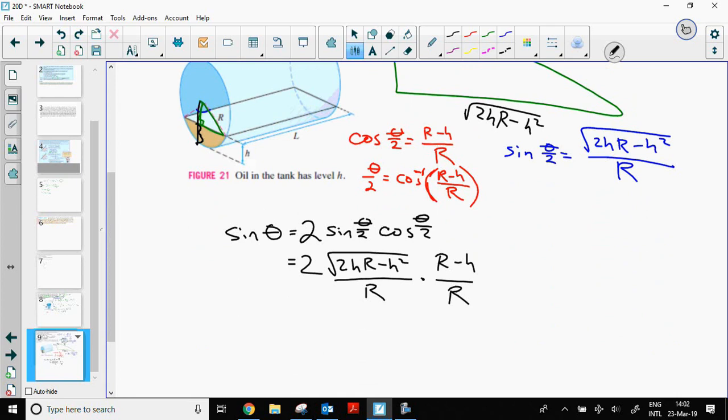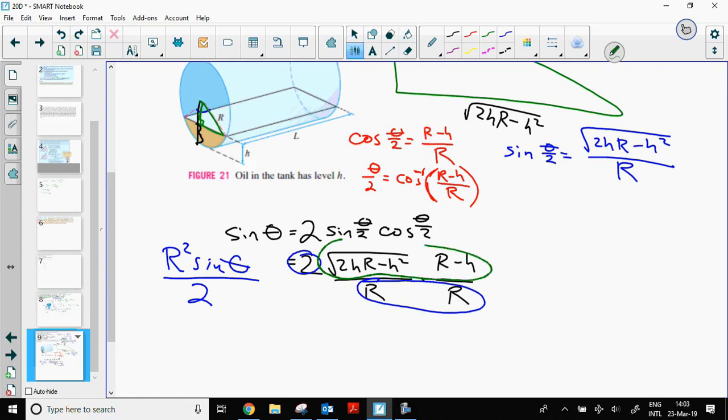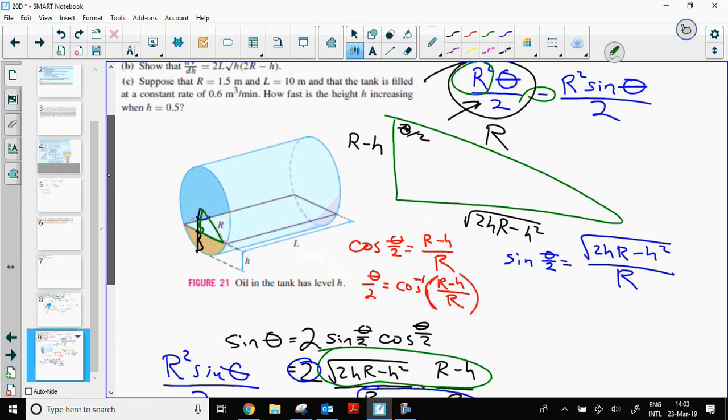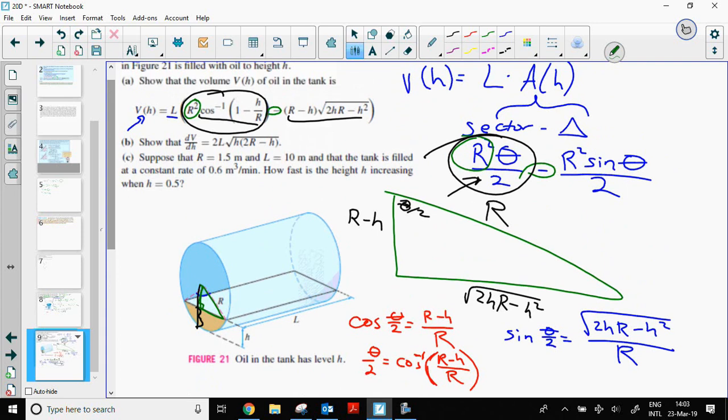We've got this r squared and this 2, so we can move those over to the left-hand side here, and we've got r squared sine of theta over 2 is equal to all of that. And that's exactly what we needed to show. So part A is finally done.